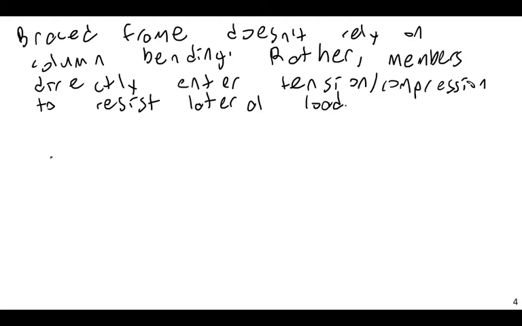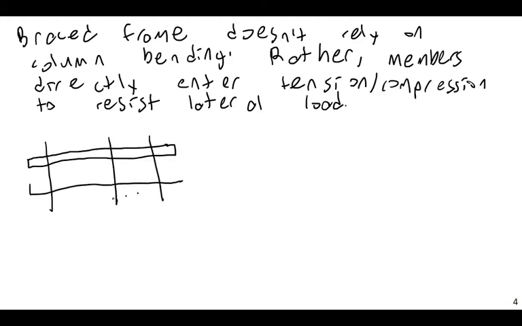So, for example, if you had a braced frame like this, a couple slabs like this, you would instead have some sort of bracing here, maybe some diagonal braces like this, or maybe a shear wall or something.